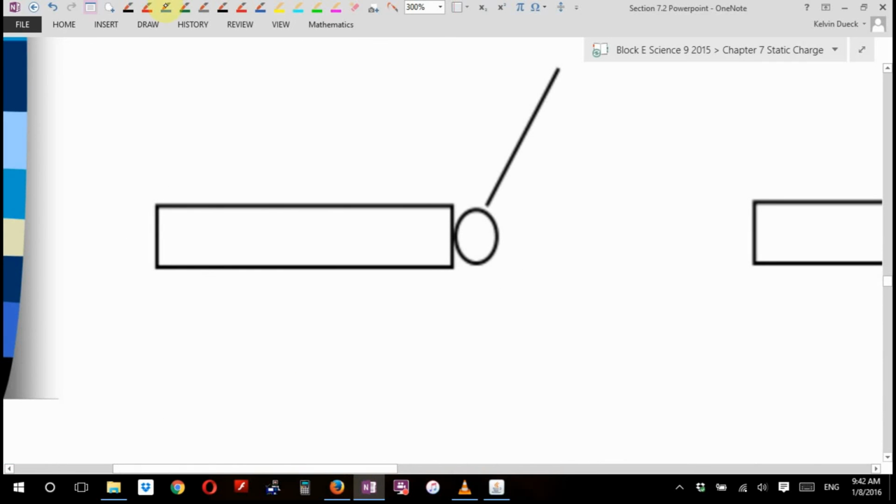Then, charges jump. So we have negatives. What's really going to happen here is some extra negatives are going to jump. And we have the positives, and we have those original negatives.